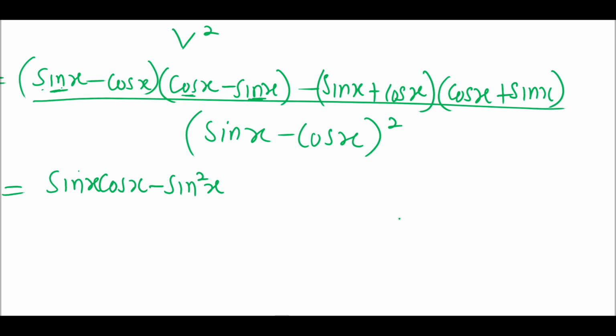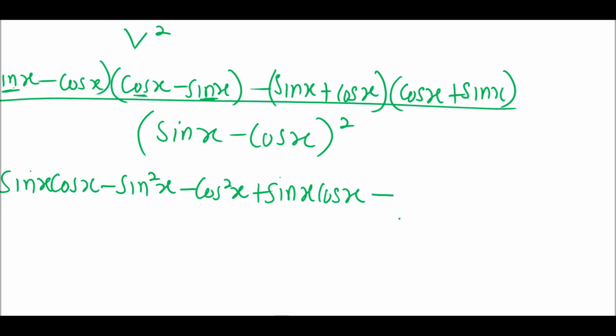Then negative cos x multiplying positive cos x will give us negative cos x squared. Then negative cos x multiplying negative sine x will be positive sine x cos x. All right, then you divide it by, sorry, minus, yeah, you have to work on this part.